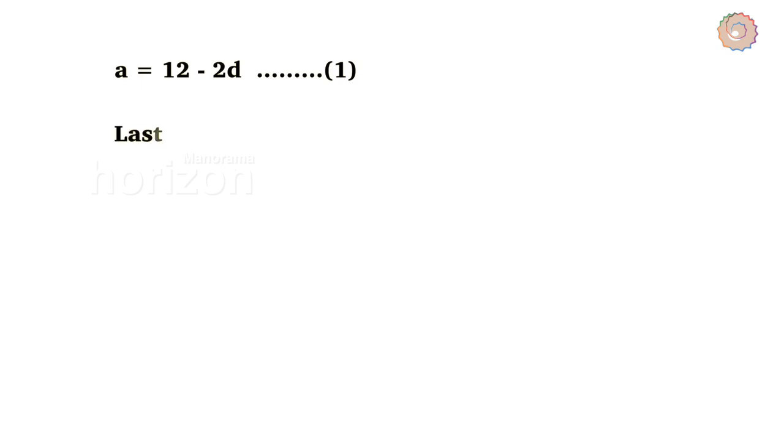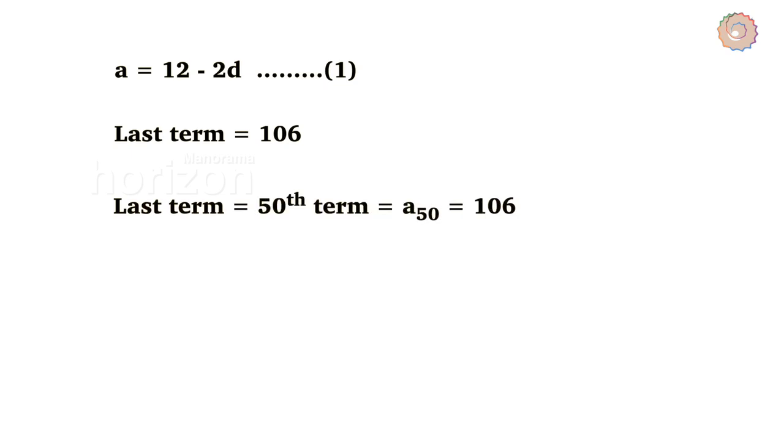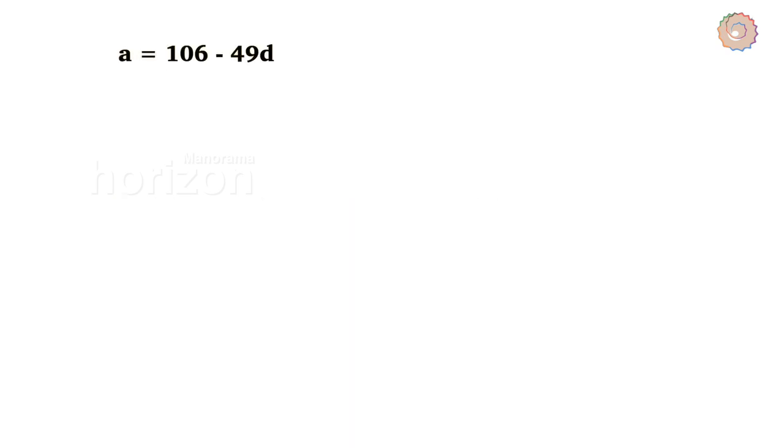Also given last term is equal to 106. Last term is equal to the 50th term, that is a_50 is equal to 106. So a_50 is equal to a plus (50 minus 1) into d, or 106 is equal to a plus 49d. Bringing 49d to the other side, we get a is equal to 106 minus 49d. Mark it as equation number 2.